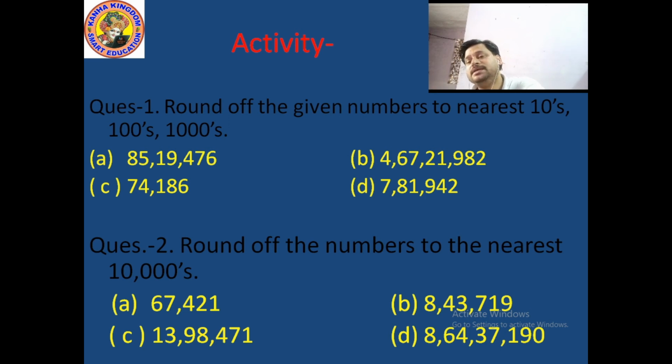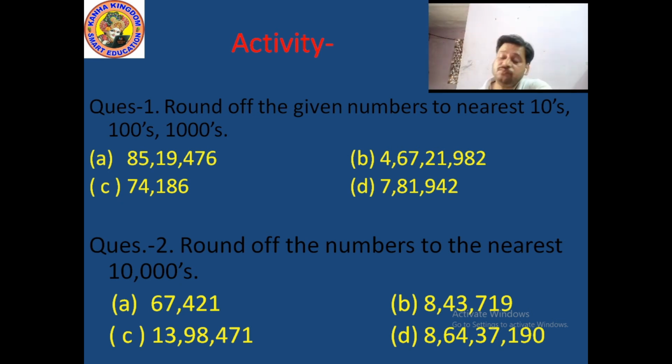If the ones place is less than 5, you convert the ones digit into 0. The tens digit remains the same because the ones digit is less than 5, so nothing is changeable in the tens place, and the rest, 100 place, 1000 place and 10,000 place, remain the same.